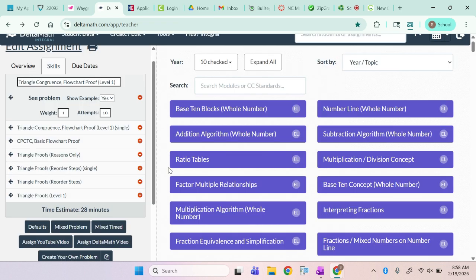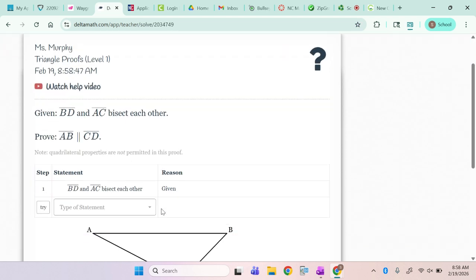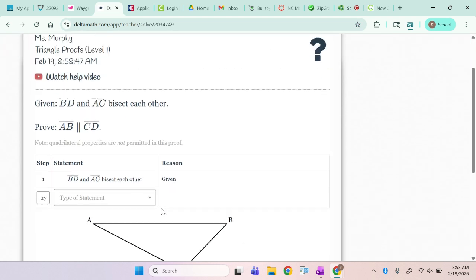Now, as for the rest of these, most of these are just either reasons or just reordering. They give you the steps and the reasons. You just need to put them in chronological order. I gave you one problem where you actually have, oh, I don't like that one.